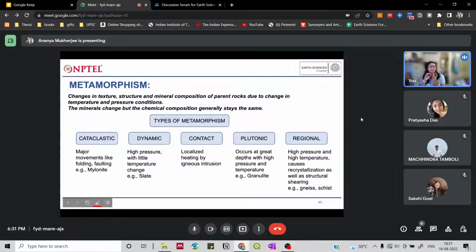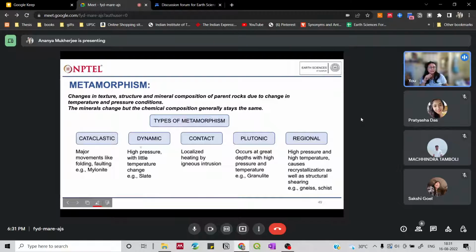The material between the two rock blocks which are moving against each other, the middle portion, will get metamorphosed due to intense heat or intense pressure conditions. Mylonite is one example for it.